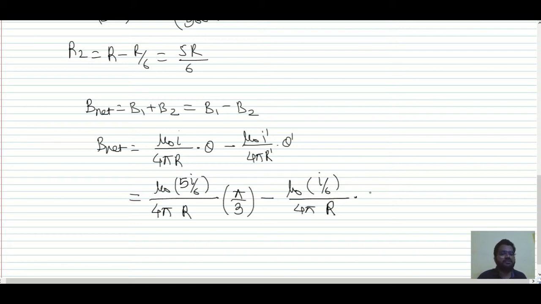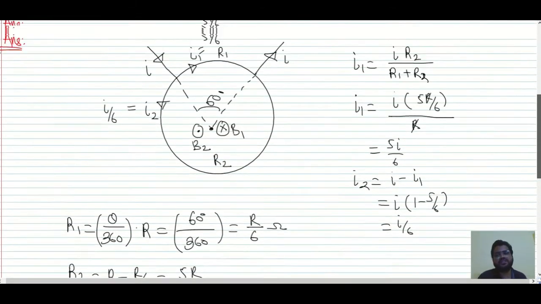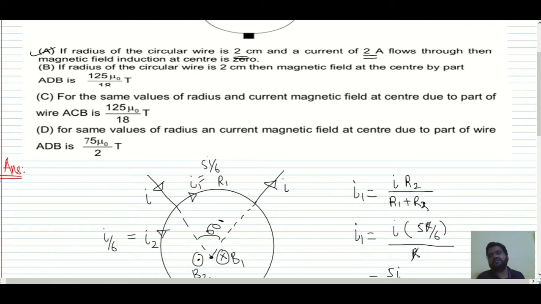Radius will be the same, into theta dash we have 5 pi divided by 3. And as you can see over here, this is mu naught I divided by 6, 4 pi R, 5 pi by 3, the same thing, no? So this will become 0 Tesla. So whatever first option is given, that is correct.